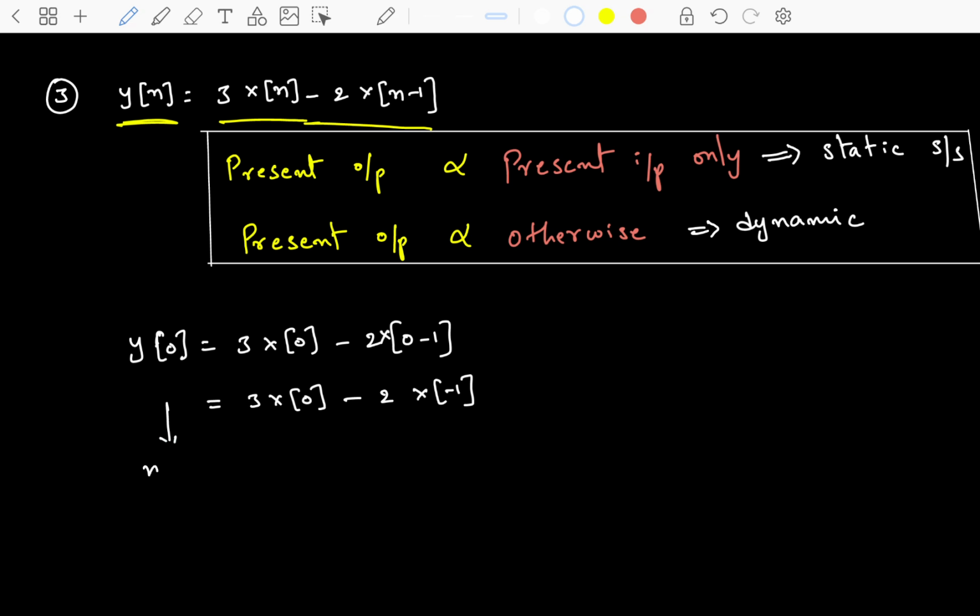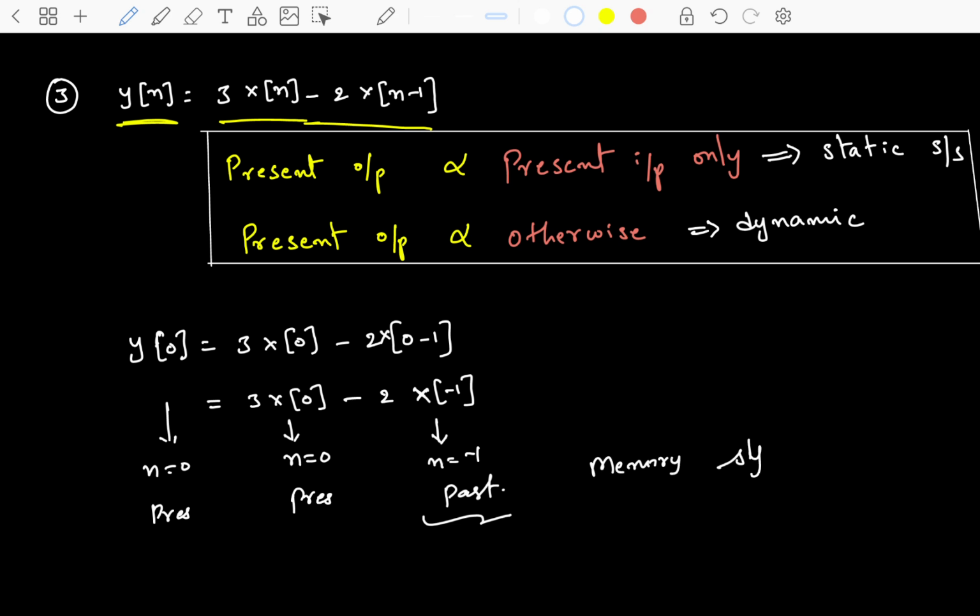Here the output is at n is equal to 0 and the input x of 0 is at n is equal to 0, but the other input is at minus 1. This is the present, n is equal to 0, but this is the past. So the system depends on memory. So the system is a memory system, also called a dynamic system.